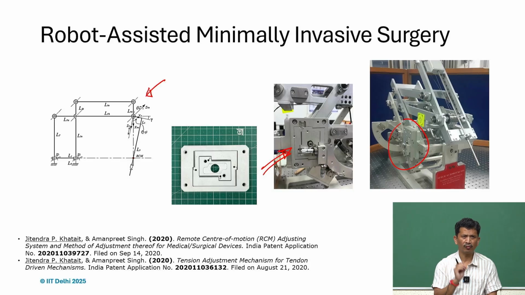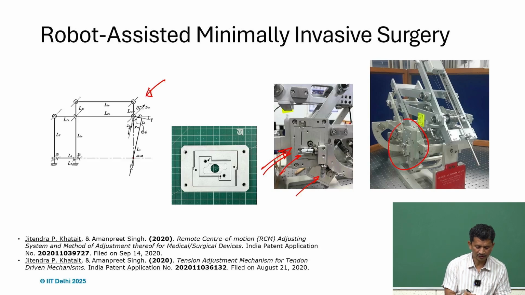So we made one of the joints floating, in such a way that you can see there is a micro screw here and here, so it can adjust. So after assembly, we can check and readjust, and whatever is the center here, it can be moved in this direction and this direction.